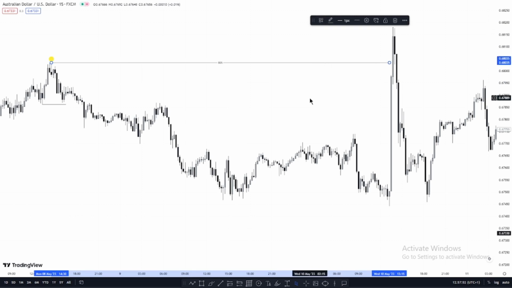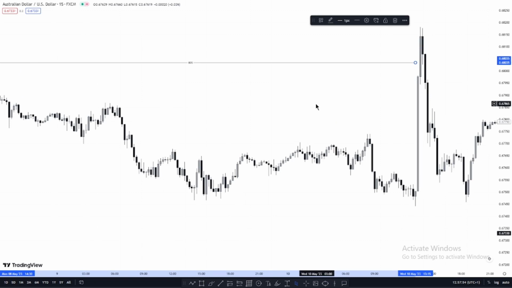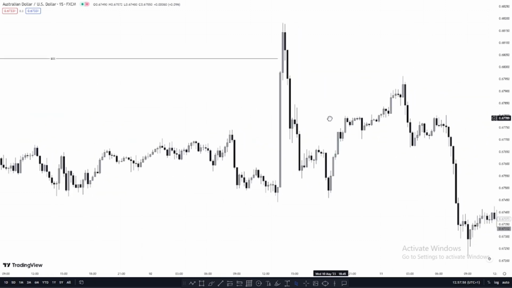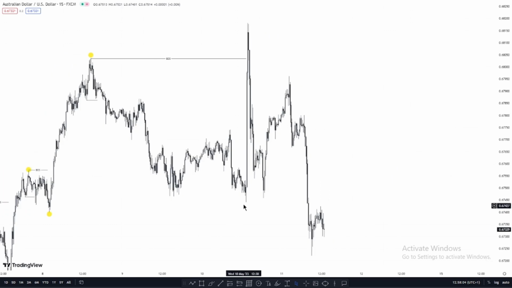Okay, that's your BOS. Now where is the move that sponsored this high that took out the previous major structure high? It is here. So this is your lowest low that sponsored that move up, and therefore this becomes your higher low.